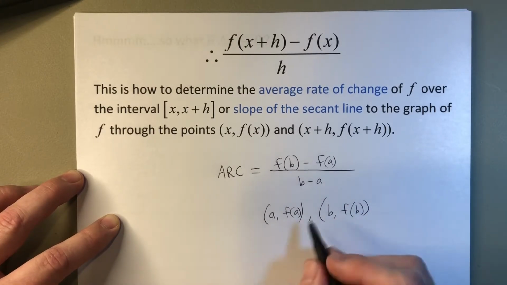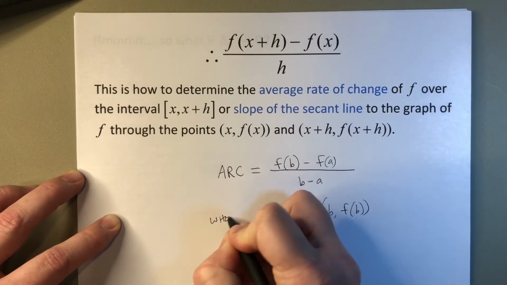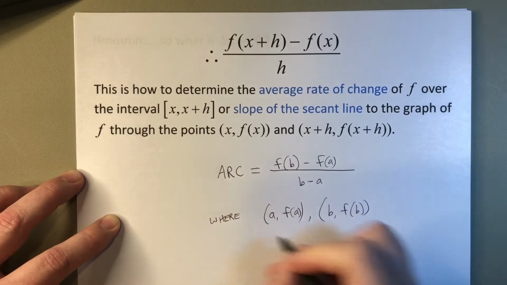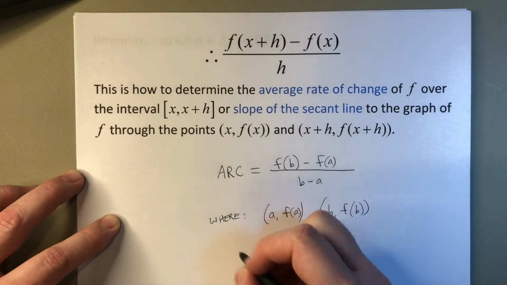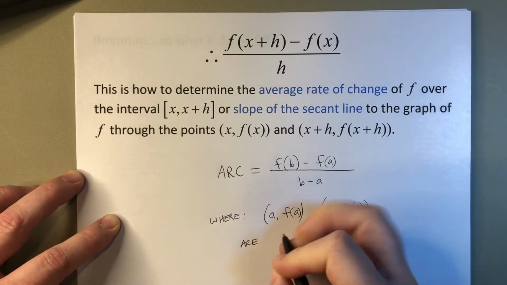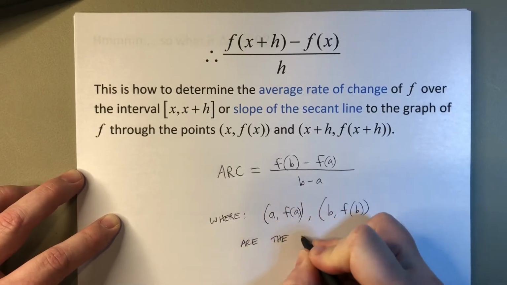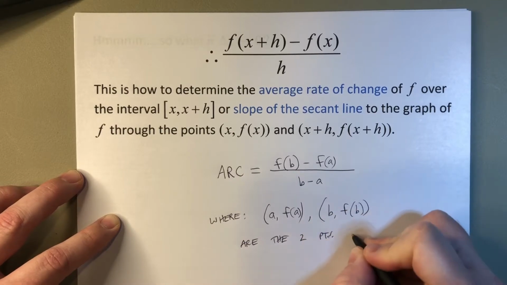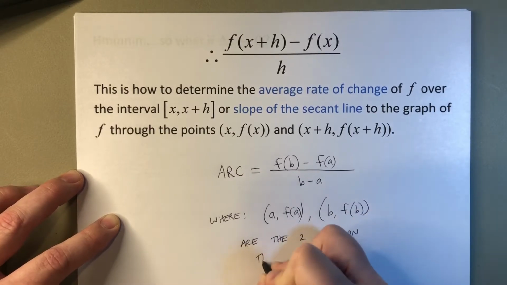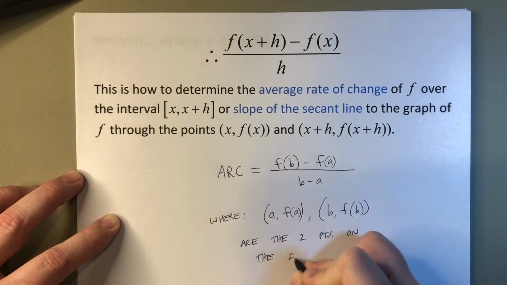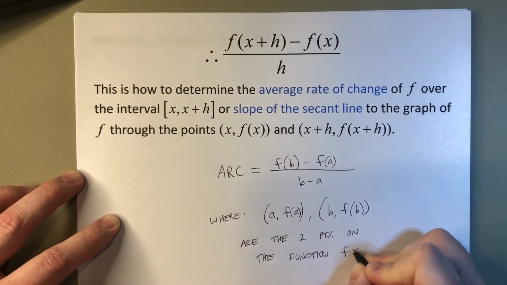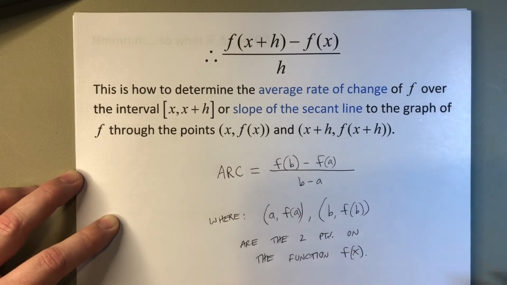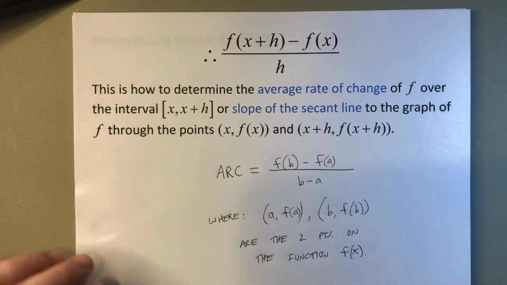These are the 2 points on the graph of a given curve. We'll look at an example of this at the end. Okay, that's average rate of change.